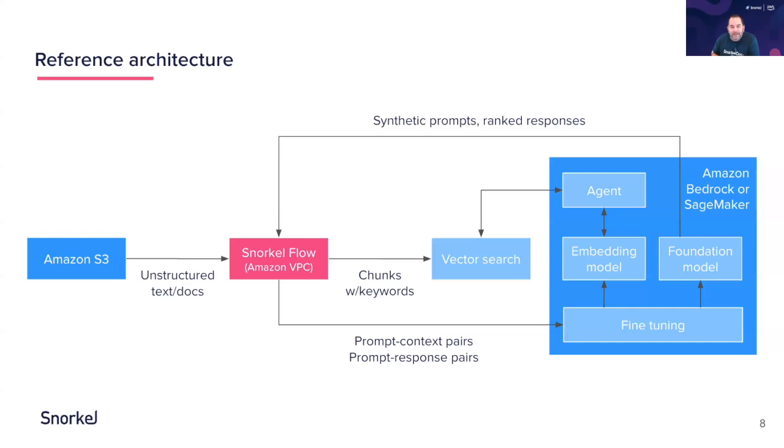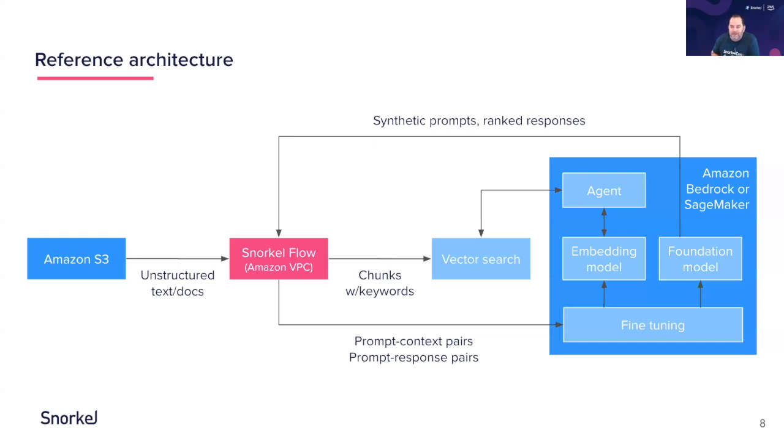The second part of that is based on all of those chunks, we can also take advantage of foundation models to generate synthetic prompts, right? Once we have those paragraphs and those pages, we can send those to a foundation model and have it suggest some questions which would be answered by those chunks. So we can begin generating synthetic data. Of course, there's options for SMEs to manually add prompt context pairs as well.